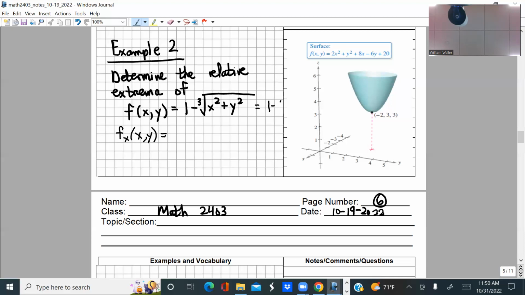So let's write that as 1 minus (x squared plus y squared) to the 1/3 power rather than cube root. Because to differentiate, we want to apply the power rule to find this derivative. So let's see, when we're differentiating, the derivative of the 1 is 0, right? So we can get rid of that. And now to differentiate this second term, of course, you're going to bring down the exponent, right? So you get -1/3. And then let's see, what else do we get here? (x squared plus y squared) to the -2/3, right?